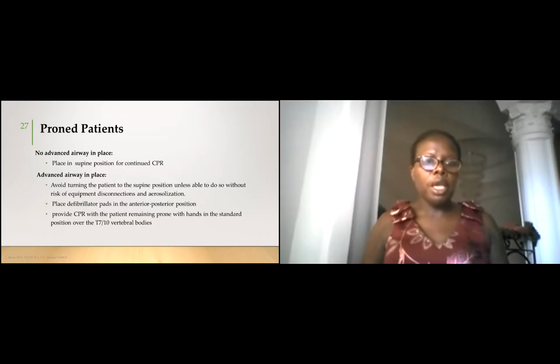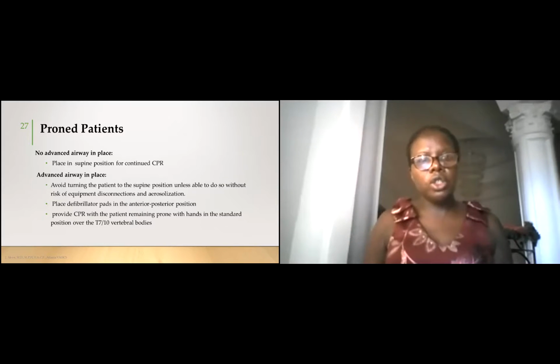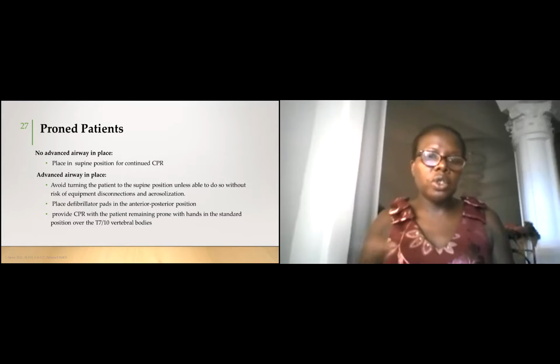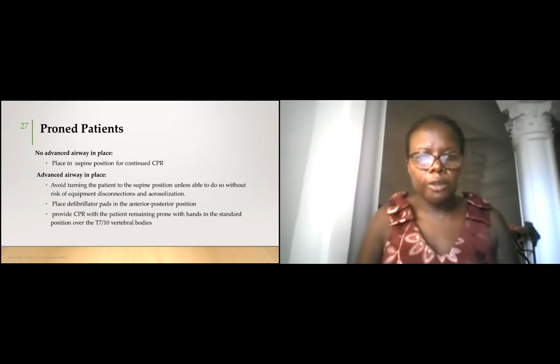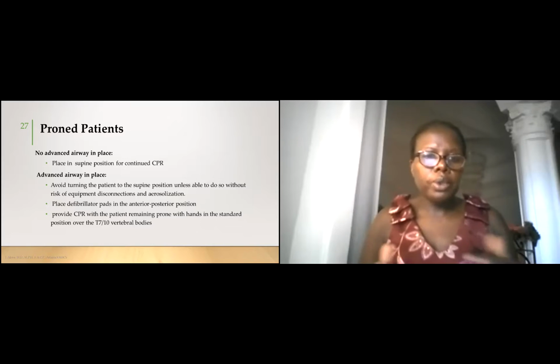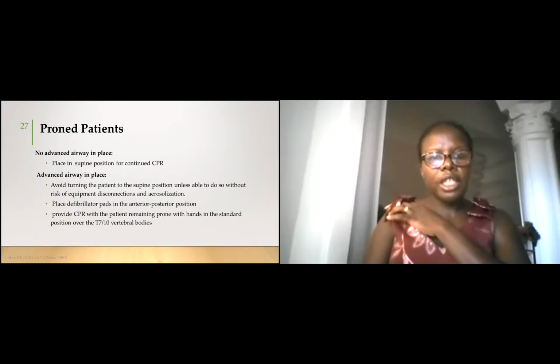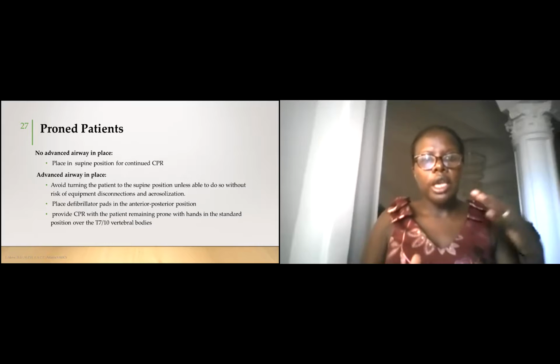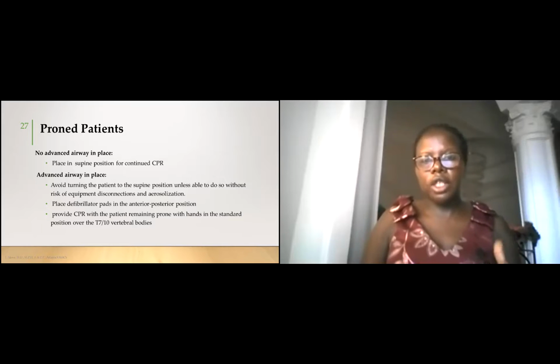Do not turn them. Because by trying to turn the patient, you may disconnect the vent and just cause aerosolization. Place defibrillator pads in these patients in anterior and posterior positions, and I'll show you an image of that. And you provide CPR with the patient remaining in the prone position with your hands in the position of T7 to T10 vertebral bodies.